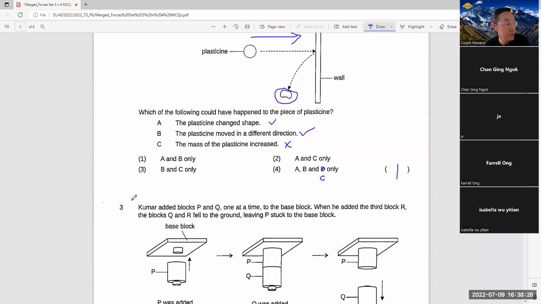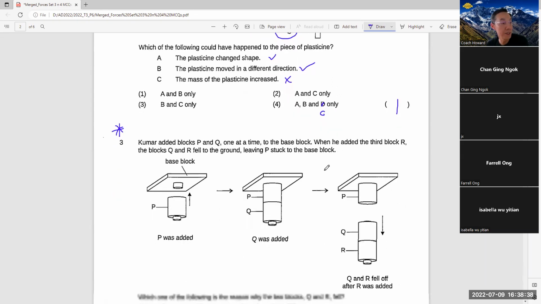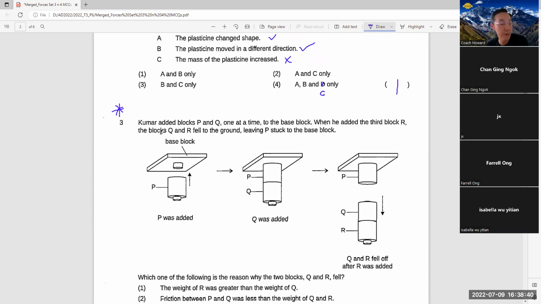Okay, this question we put an asterisk here because through my teaching, many students get this answer wrong. We see why many students get this answer wrong. These questions can be exploited or expanded to the section B questions. You see here, at first, when P was added, like Lego stacking, they stack the thing.